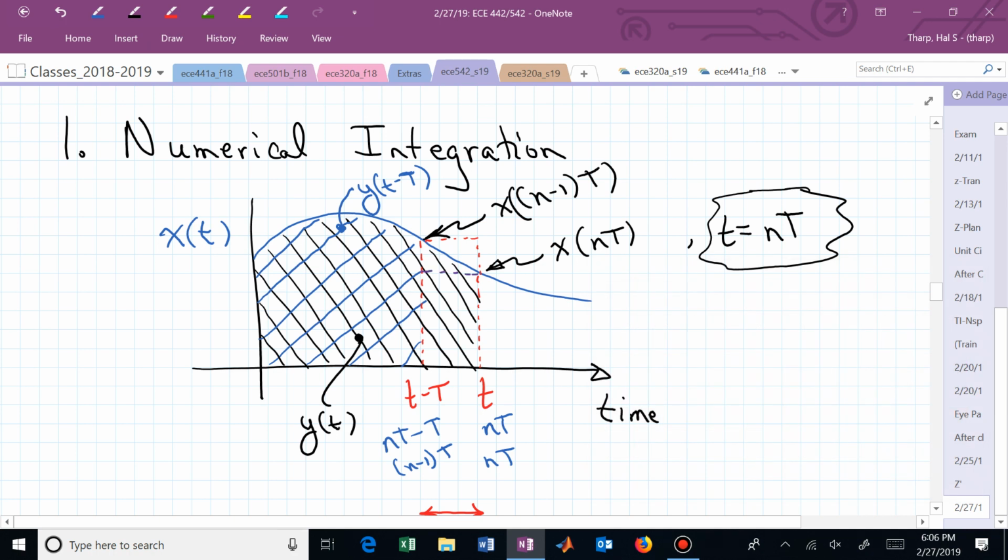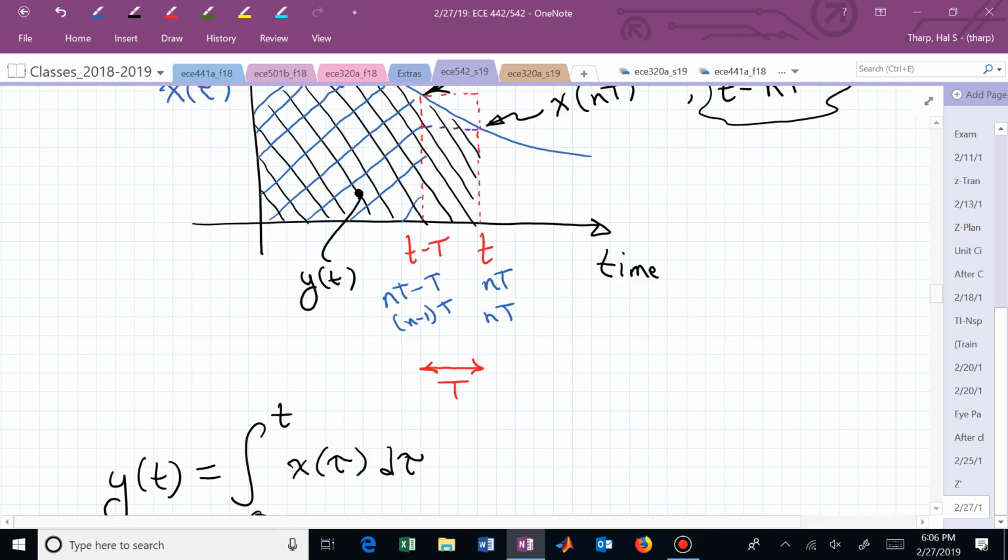There, that's really distinctive, isn't it? But now do you see the area that we're using in this approximation? We're looking left, or backward, in time. We're going from little x of nT back to the left, and that's the way we are approximating this little sliver of area.